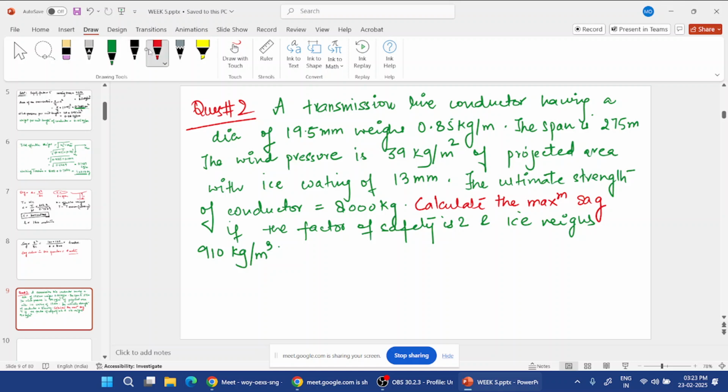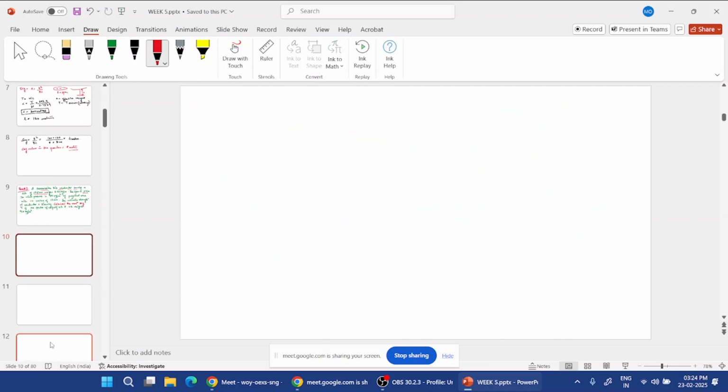So what is given here? एक ट्रांसमिशन लाइन दी गई है जिसका डाया है 19.5 mm और स्पैन है 275 मीटर्स का. तो let me write down the overall. तो अब हमको क्या है, ये तो कंडक्टर है, इसका डाया 2r के बराबर है. अब इसमें आइस की कोटिंग्स और है चारों तरफ.